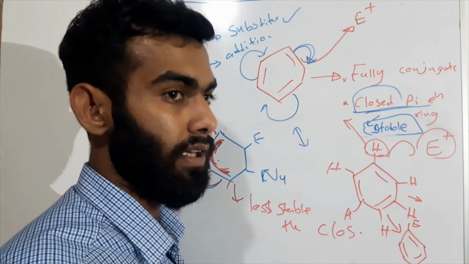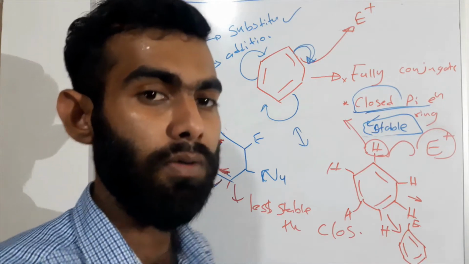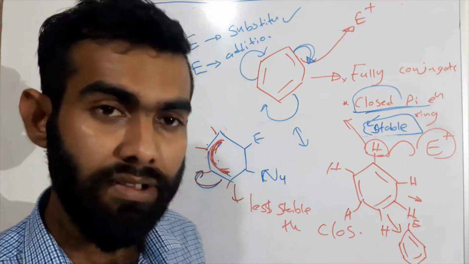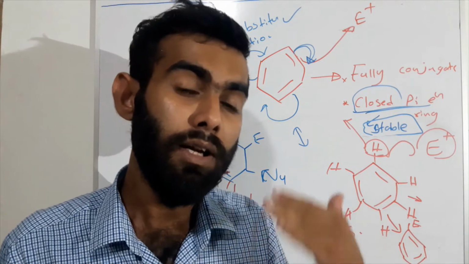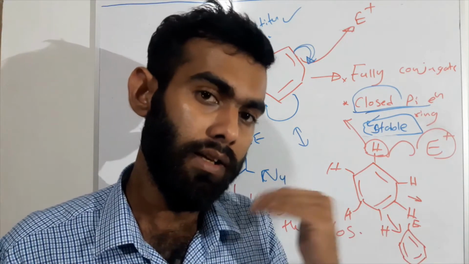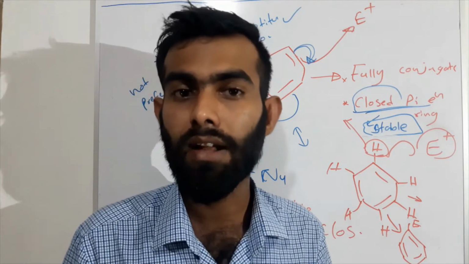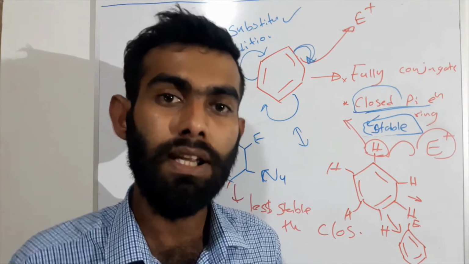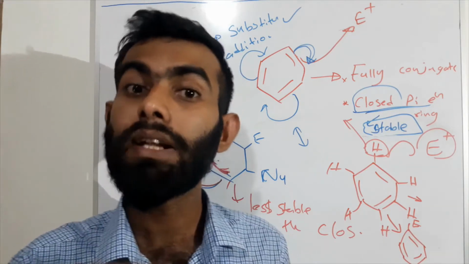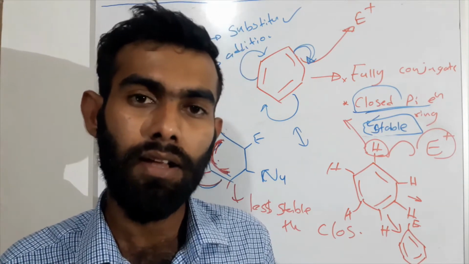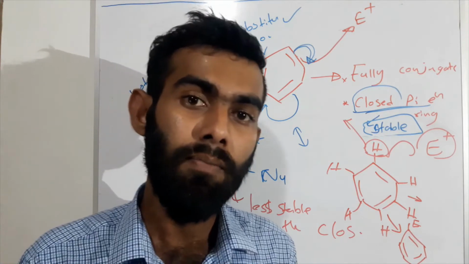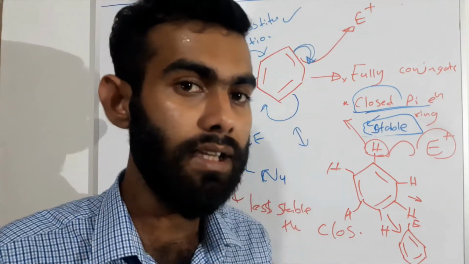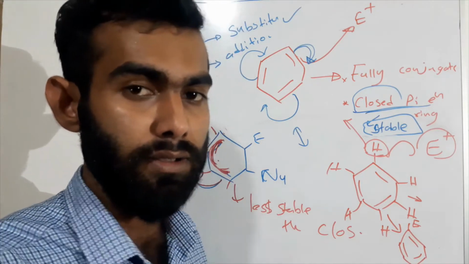However, when a substituent is bonded to benzene, sometimes it will donate electrons to our benzene ring, and sometimes it will withdraw electrons from the ring. At that time, sometimes it will activate the ring, and sometimes the substituent group will deactivate the ring. It's a different thing; forget that for this situation.